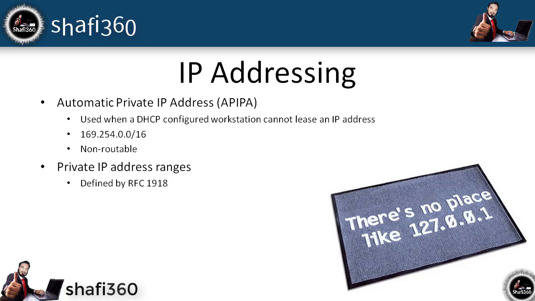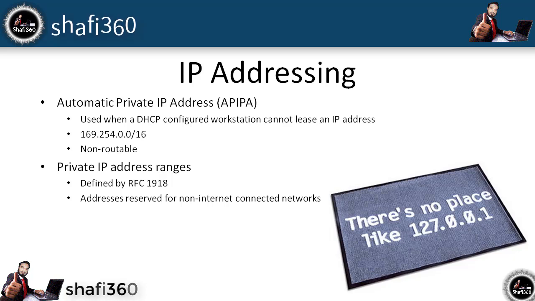And you can see the logic and the reasoning behind using these address ranges and a whole lot of high-level geekery that I don't even understand most of it, to be honest. But all you really need to know for the CCENT is that these are addresses reserved for non-internet connected networks. Again, like the APIPA addresses, if most internet routers see them, they'll just drop them because they'll assume you're trying to attack them by giving them a non-routable source IP address.